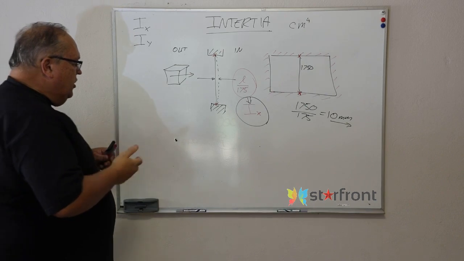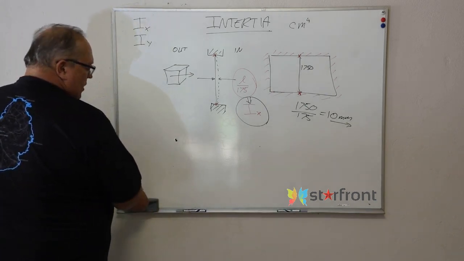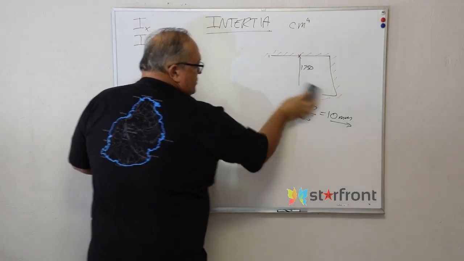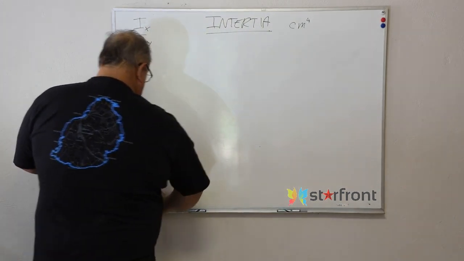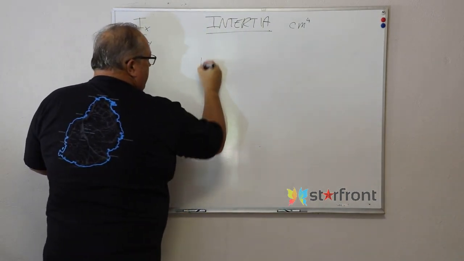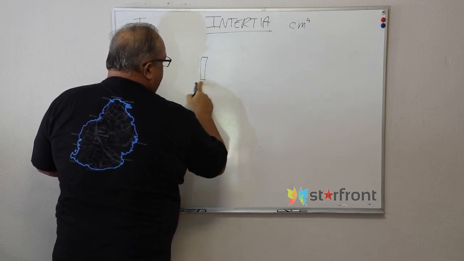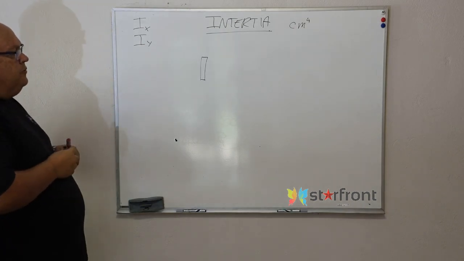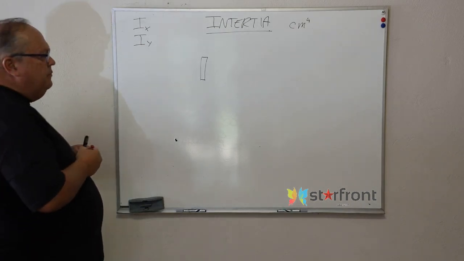So let's have a look at what affects a profile's Ix and Iy value. And to do that, I'm going to go back to my simple aluminium bar. If I've got an aluminium bar, how do I define what the Ix and Iy values of that aluminium bar are?